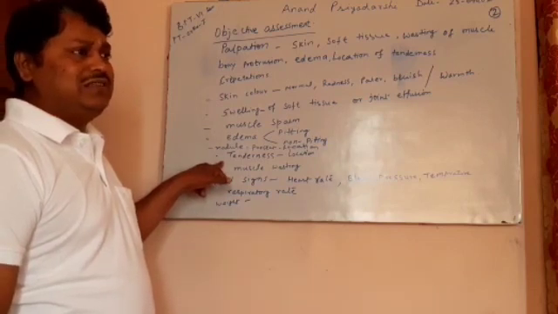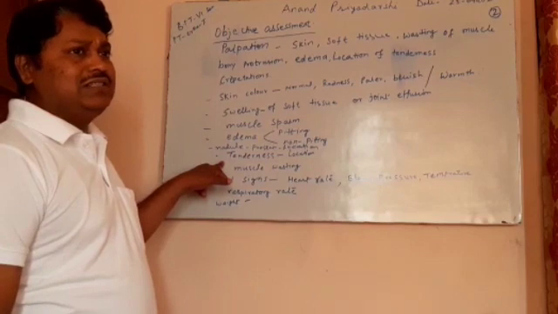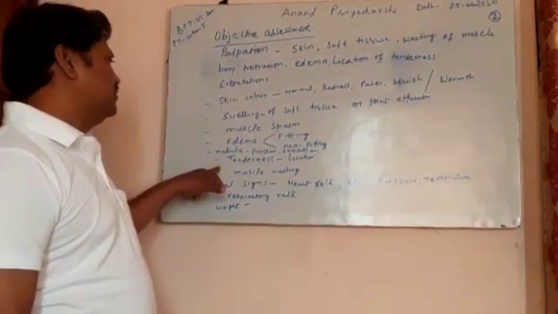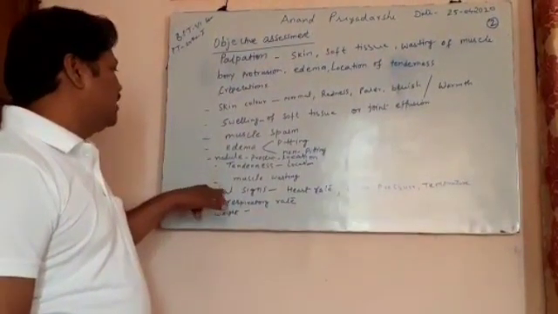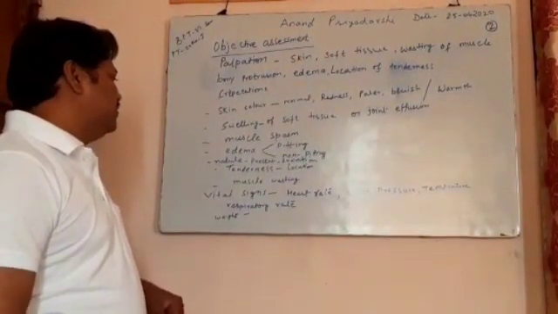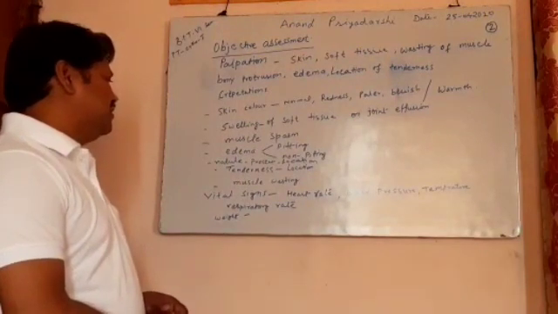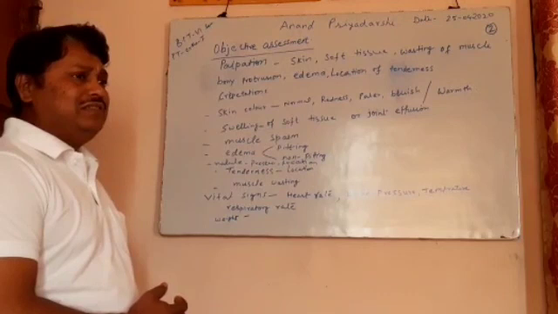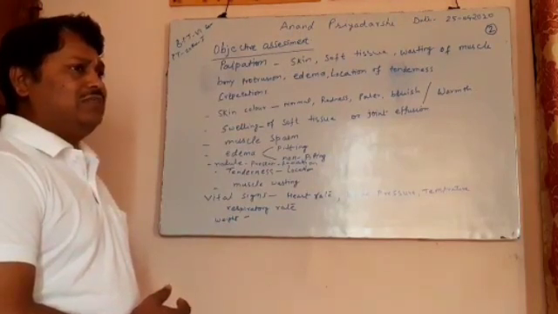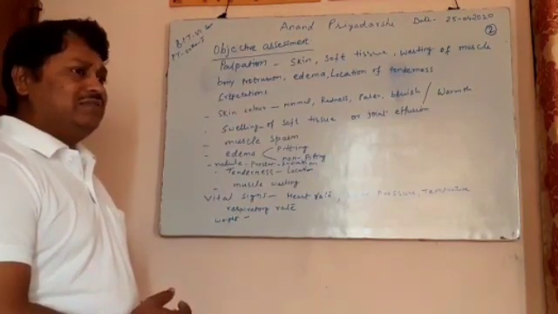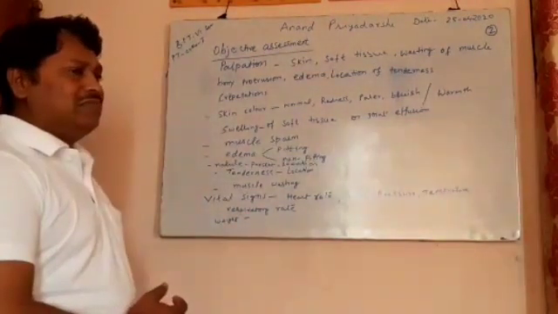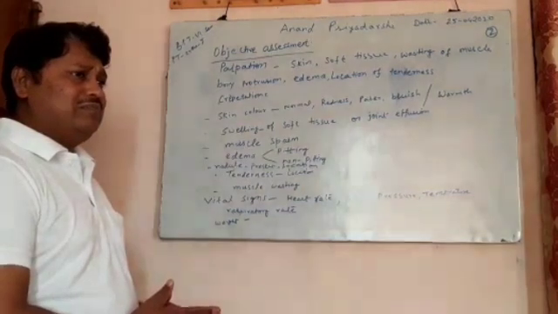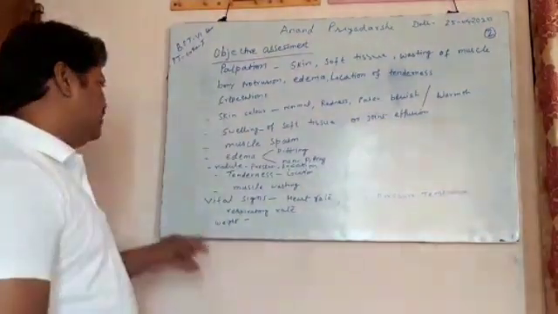We have to mention the location of tenderness. Next one, muscle wasting. We see the muscle wasting by exposing the area, and we compare the area with the normal. When we compare whether the muscle is wasted or not, the girth of the muscle is decreased in such condition.